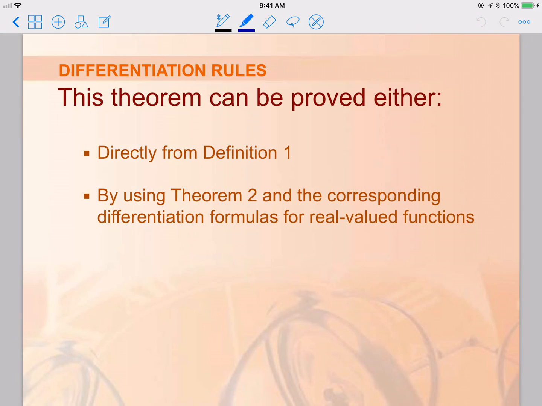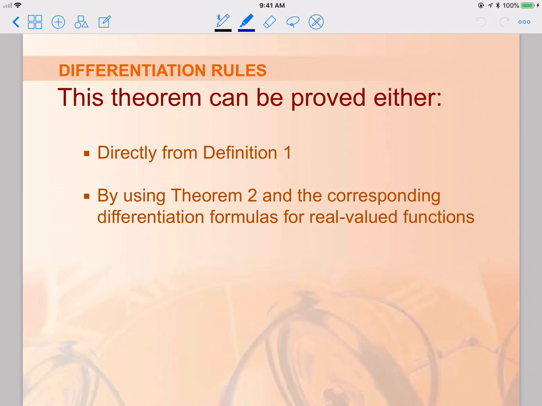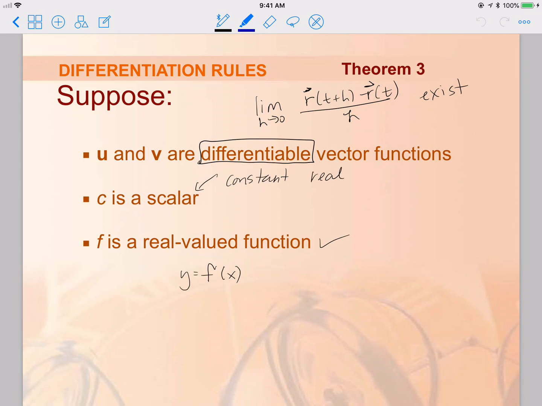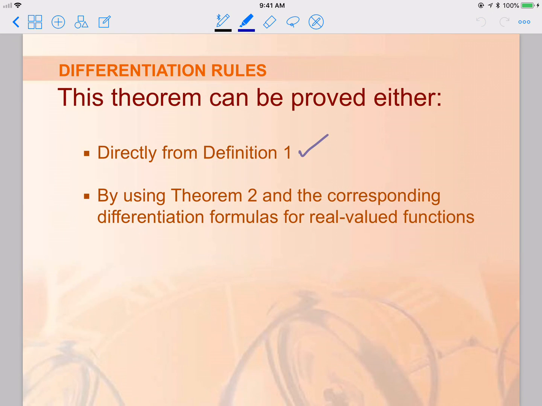Okay. All right. So to prove the theorems, you can use the definition, which is this definition right here, where you're looking at the limit of the difference quotient.